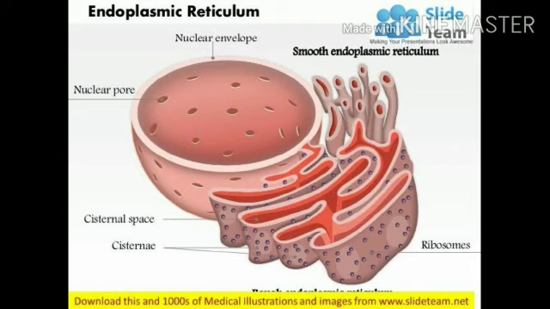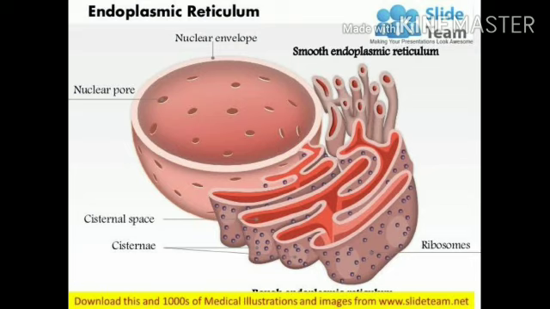The organelle which conducts various substances inside the cell is called endoplasmic reticulum. ER has a net-like structure consisting of interconnected miniature tubes, as you can see in the diagram, and sacs filled with fluid.